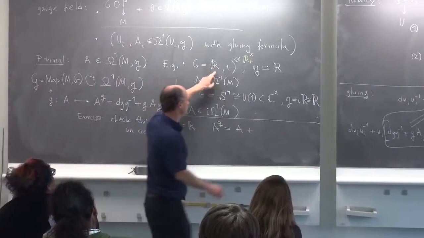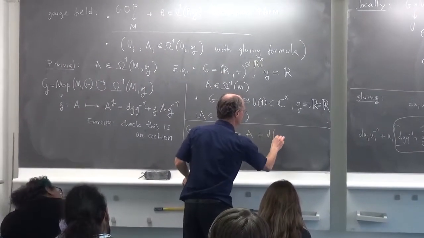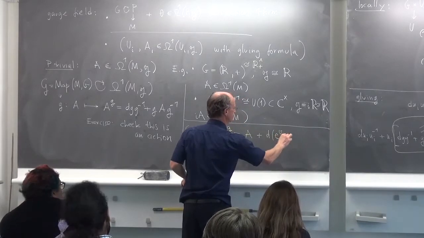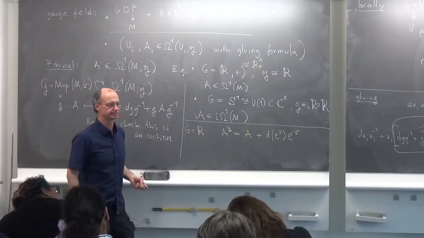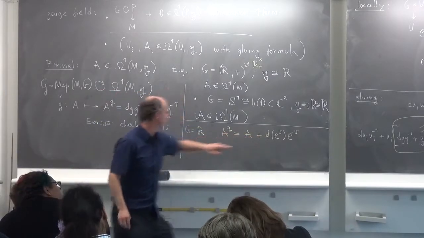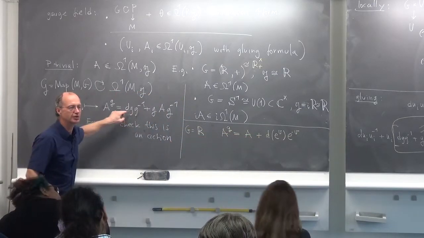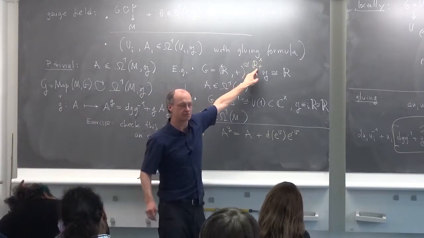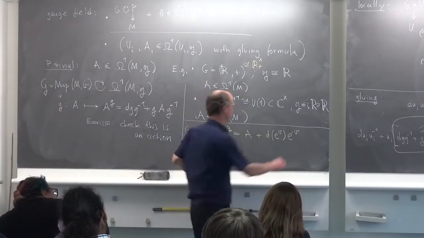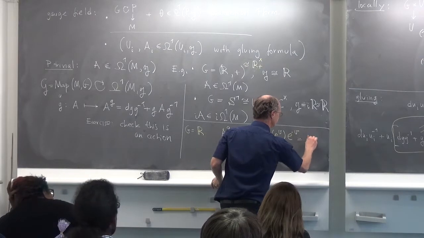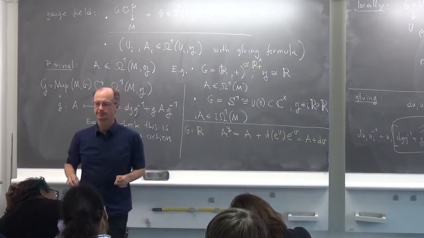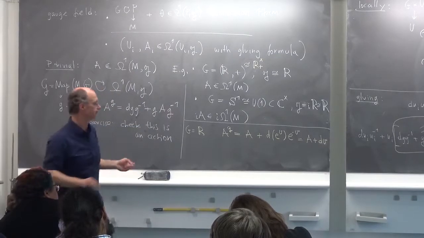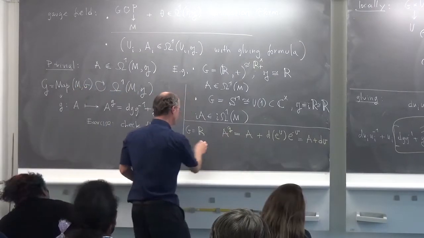And then what we can say is g equals exponential of some parameter V, and g inverse is exponential minus V. So that's how this formula would read if I use this multiplicative model. And this would give you A plus dV.